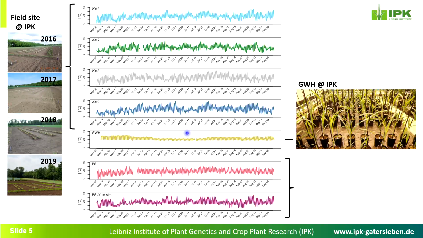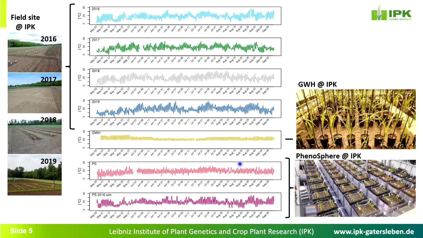And then these 2 PhenoSphere experiments, one with the averaged climate and one with the individual simulation of the growing season 2016. When we just calculate the standard deviation of these hourly resolved temperature profiles over the growing season, you can see that the typical standard deviation for a field environment ranges between 5.6 and 6.9 relative to the year, and that our simulation of the year 2016 comes pretty close to the actual template year 2016.